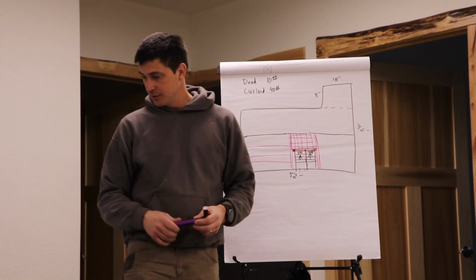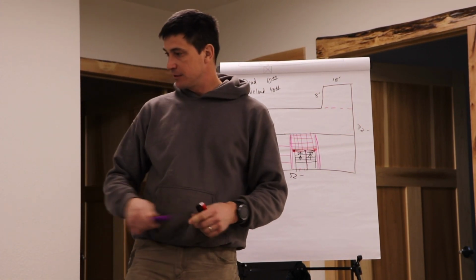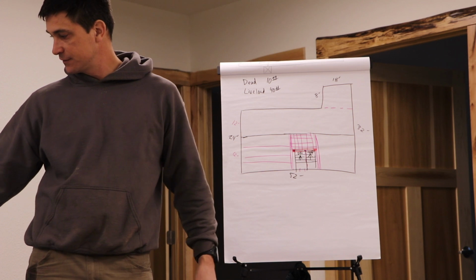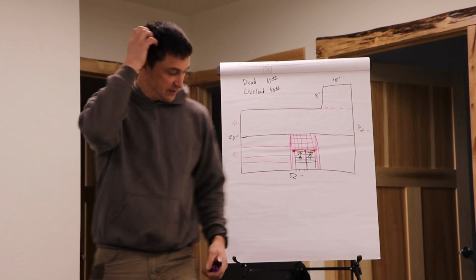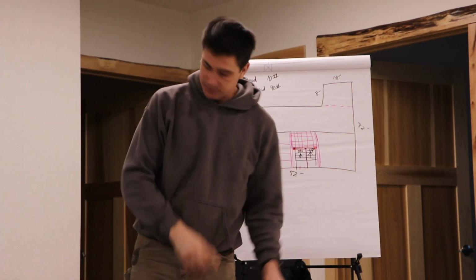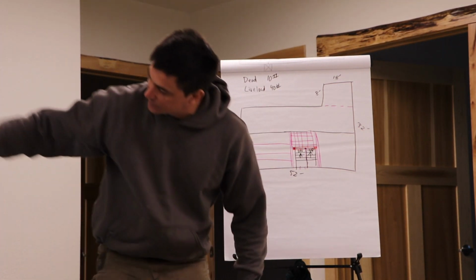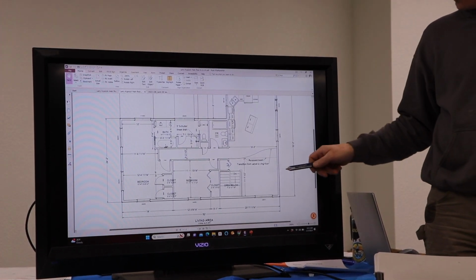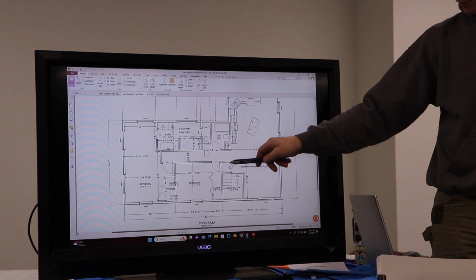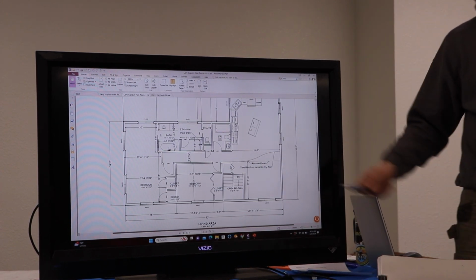Okay, and then the other thing you'll notice here, it says recessed beam. The reason that it has that is because we've got this wide open room, no wall across there, right? So somewhere we have to carry this load.